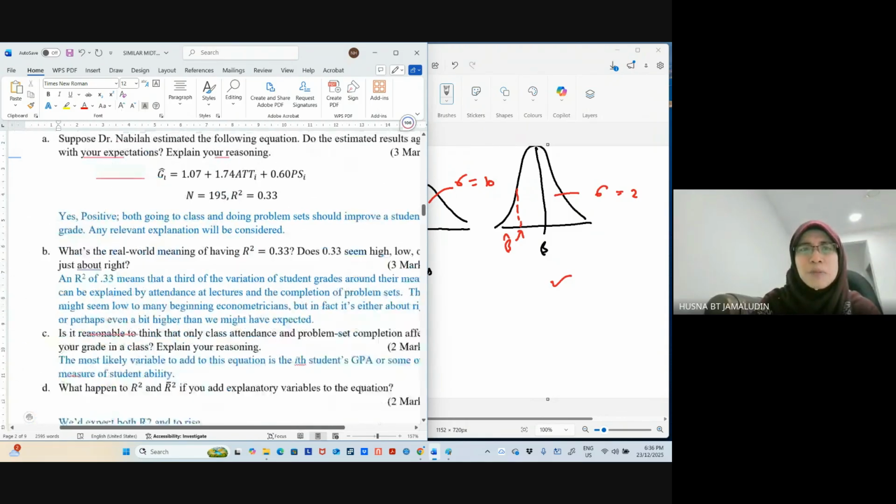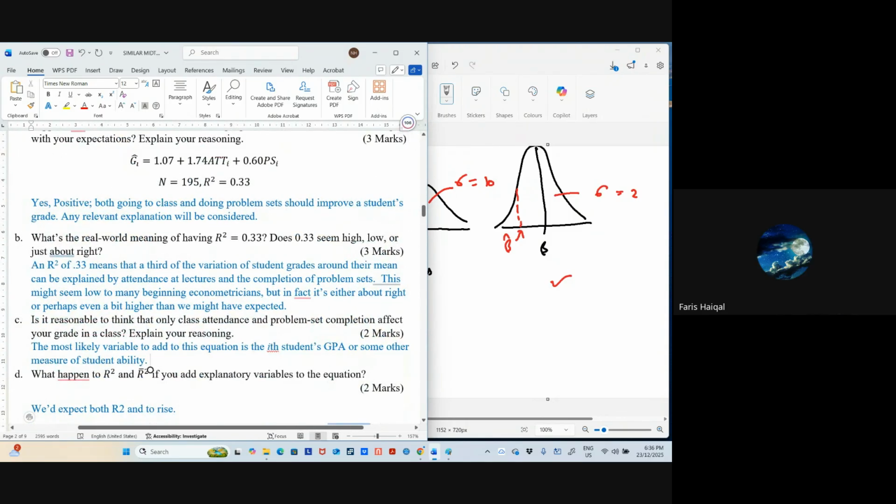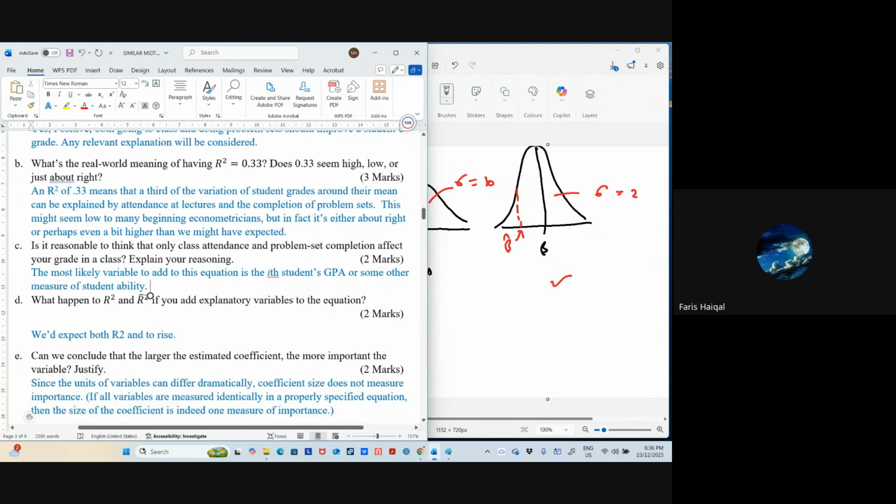Gender affects your CGPA? Yes. How? I don't know the assumption. So the boys are always expected to have a low GPA, and the girls are always concentrating and doing all the work.